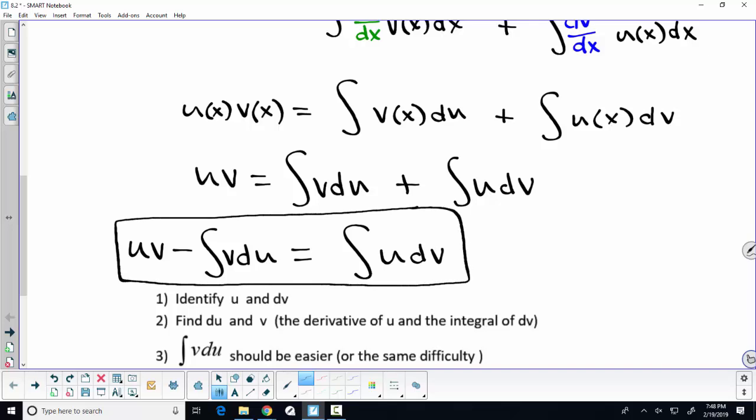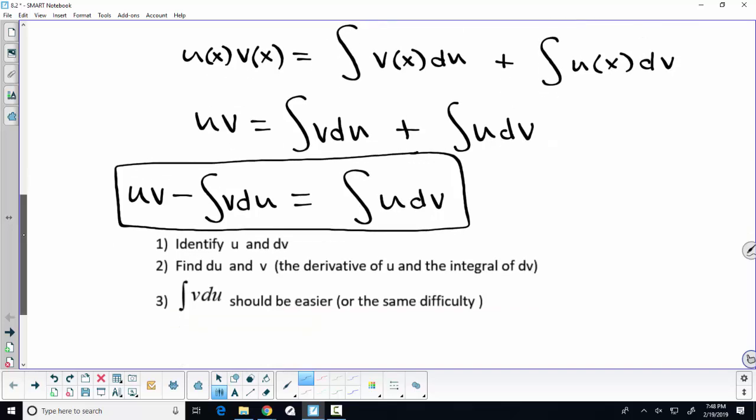I don't know, did I put the formula in there? I didn't put the formula on the actual slide, but that's the formula we utilize when we integrate by parts. This is what we start with. This piece is what we're given.